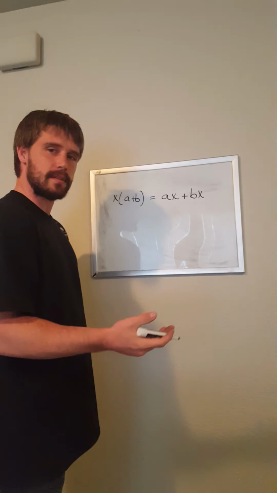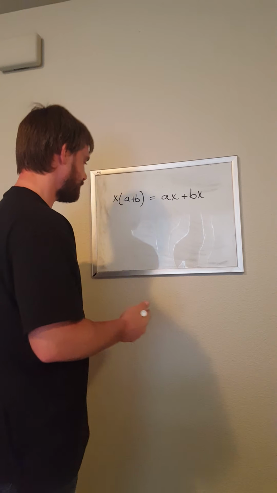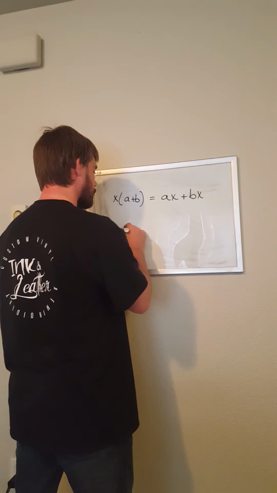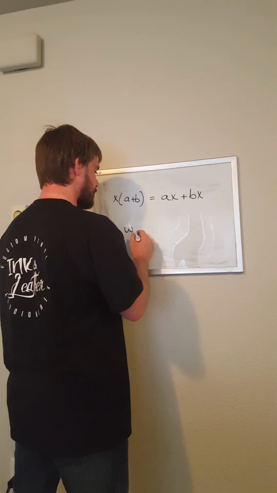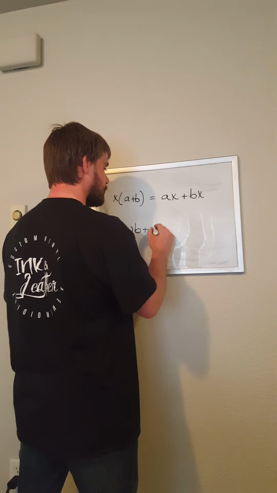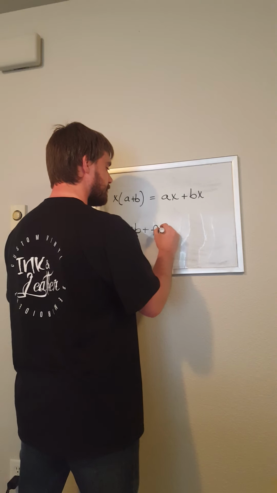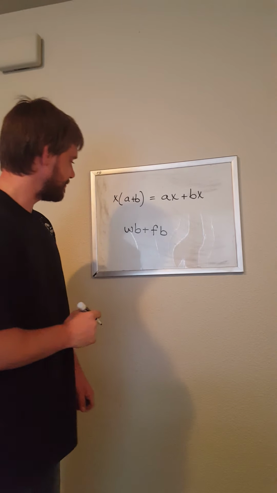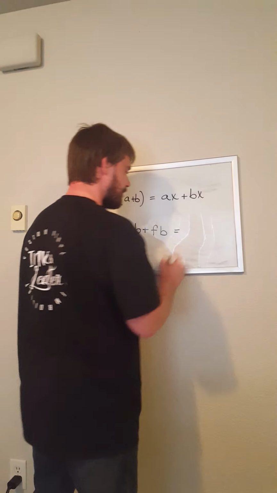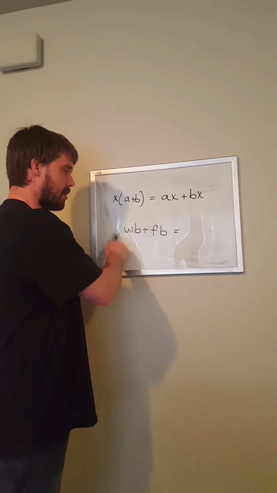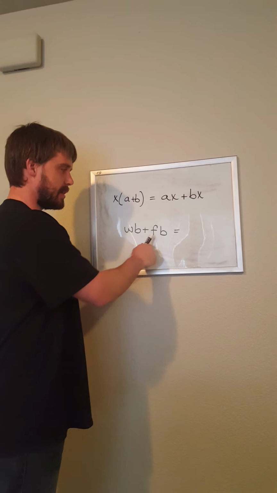So, in other words, if I had an expression like w times b plus f times b, all right? I see that I'm multiplying b by all of the other letters, w and f.